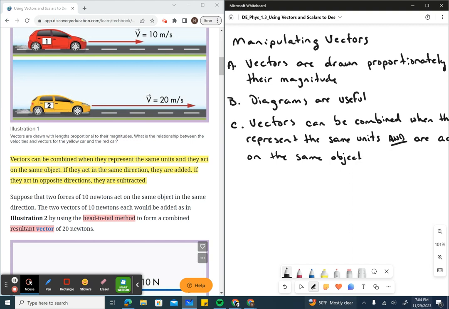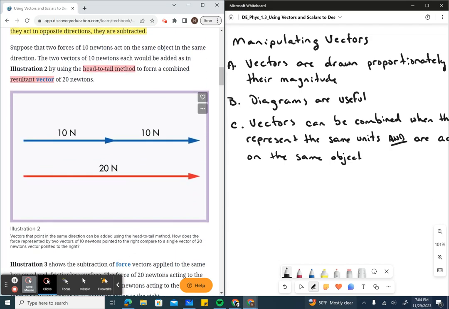What is new here is the paragraph underneath. Let's go ahead and just slide this up here. They talk about this head to tail method. Highlight clicks. Okay, I'm not really sure about that. The head to tail method, right?